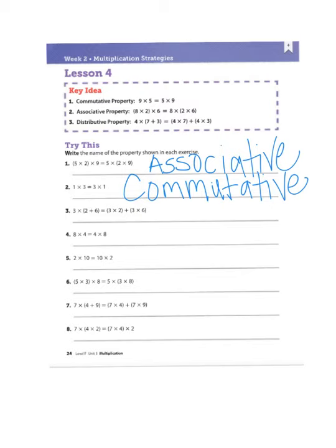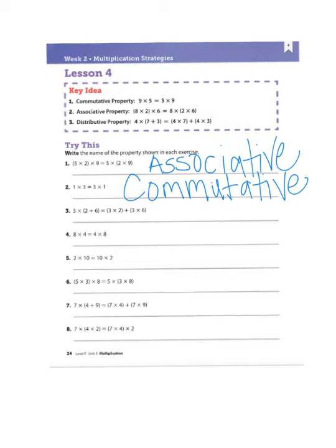On number 3, this is where we have to pay a little more attention. So on number 3, we have 3 times 2 plus 6. And my parentheses are around the 2 and the 6. So I'm going to take this 3 and I'm going to, exactly what the name is, distribute it. Okay, so I want to take this 3 and distribute it to this 2 and distribute it to the 6.